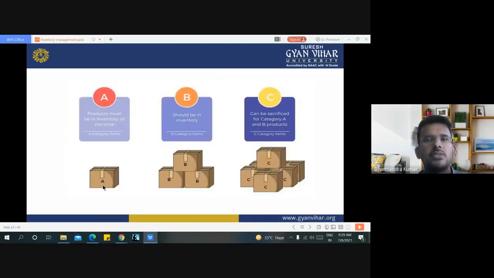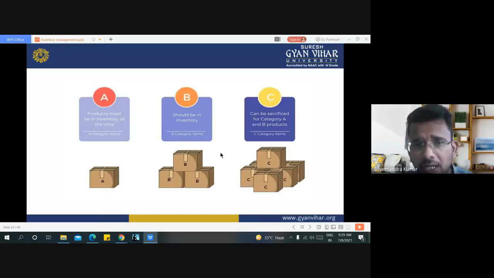Here are some charts describing ABC analysis. In group A, the product must be in inventory all the time. A category items have more inventory cost, but here we can see that the quantity is small. This is usually used in any manufacturing plant.